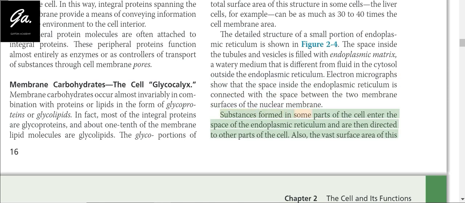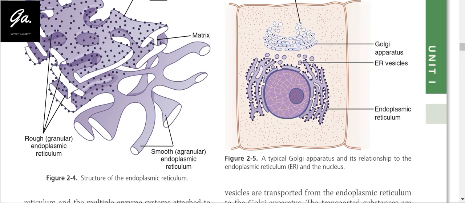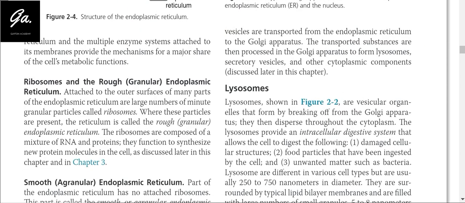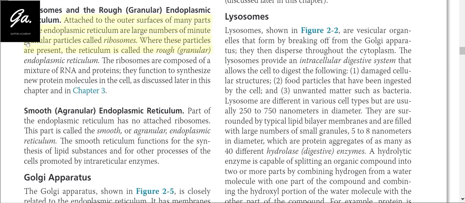Substances formed in some parts of the cell enter the space of the endoplasmic reticulum and are then directed to other parts of the cell. Also, the vast surface area of this reticulum and the multiple enzyme systems attached to its membranes provide the mechanisms for a major share of the cell's metabolic functions.